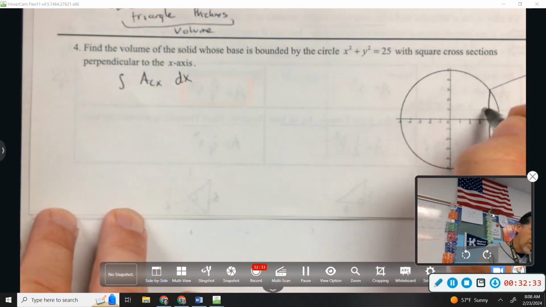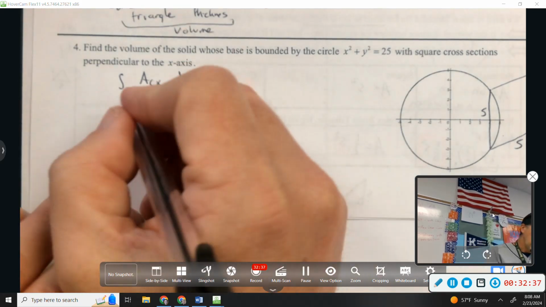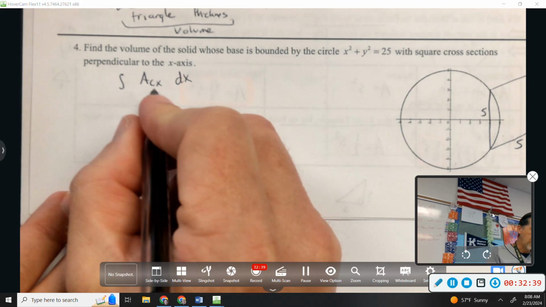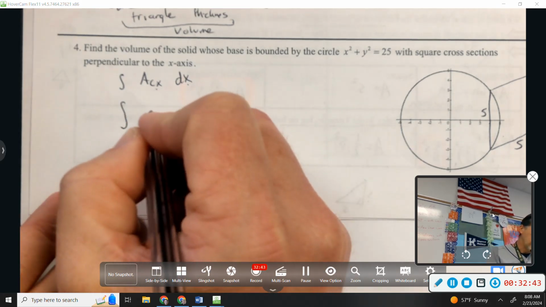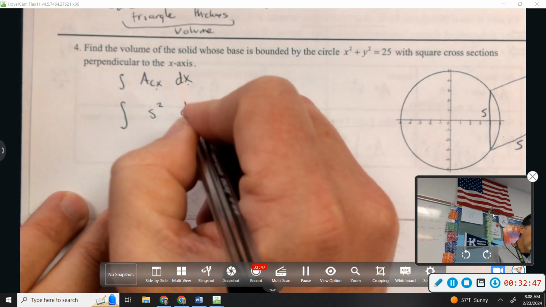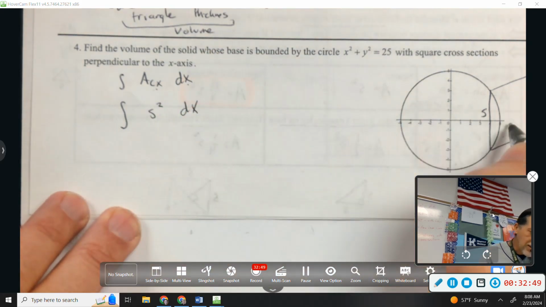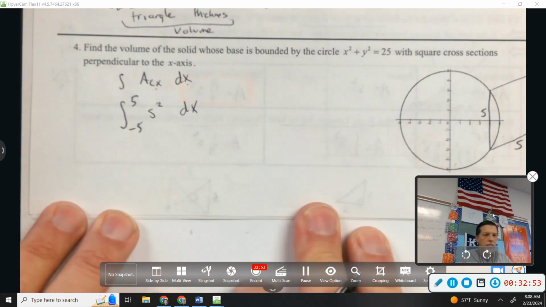Side squared. So I'm adding up all of the area times thickness. Area of a cross section is just S squared. This one I can easily see that I'm going from -5 to 5. So that's nice.